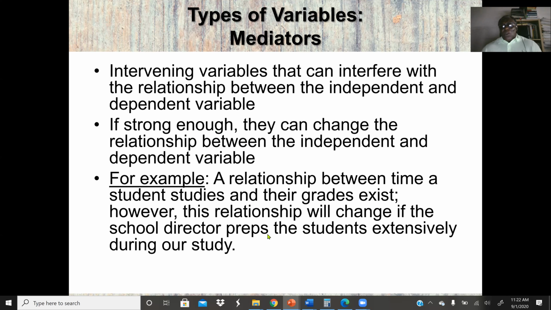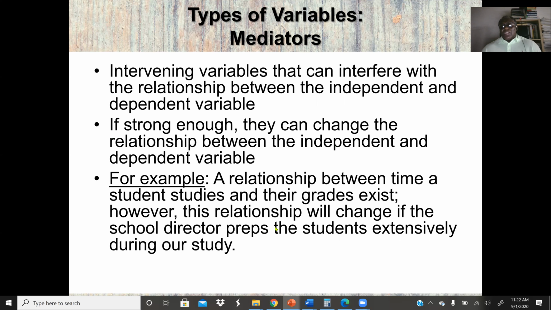However, this relationship will change if the school director preps the student extensively during their studies. So that will be the mediator. It can change based on some practice.